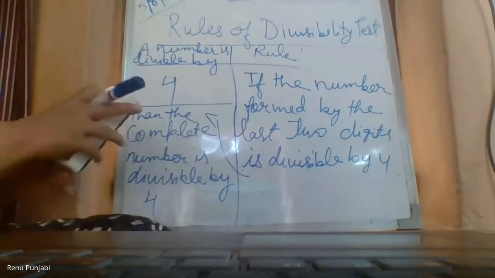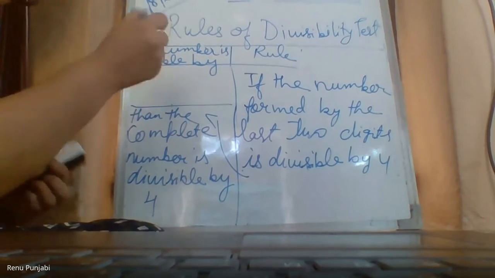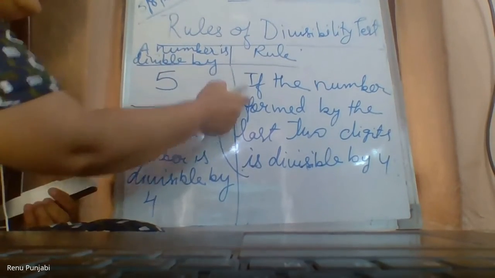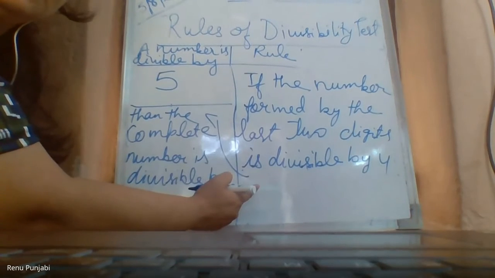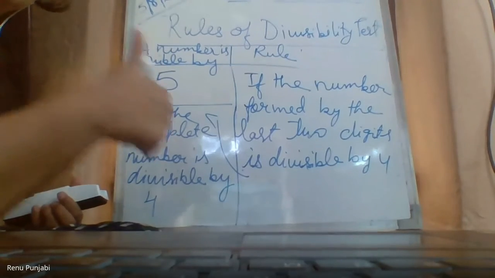So I am writing the divisibility of 5 also here. Please start writing fast. Can I erase this side? Show me thumbs up if you are done. Very good, Prisha, writing very neatly.